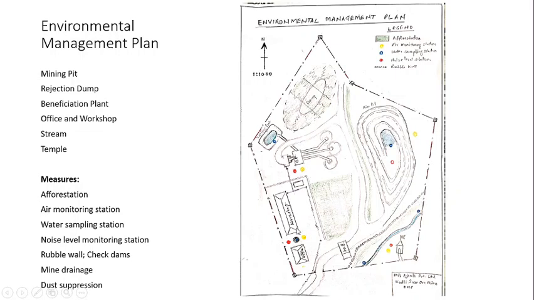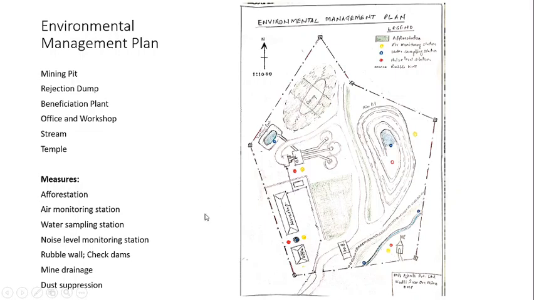Where people are working, there may not be any dust, but wind usually plays a major role in the transfer of suspended particulate matter, SPMs. So wherever people are working, there should be an air monitoring station, for example, here as well as near the temple.